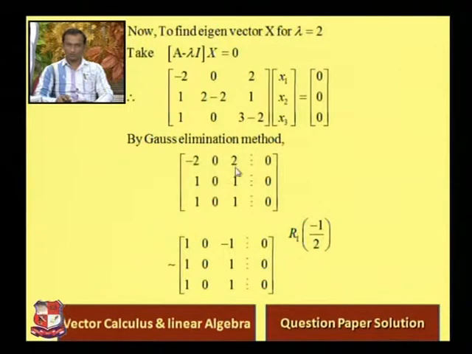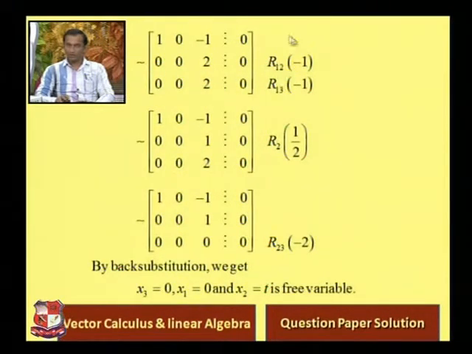Now by using the Gauss elimination method, we write the augmented matrix of this system of equations, and then find the first leading one using this operation, and using this leading one, convert all the lower elements to 0.